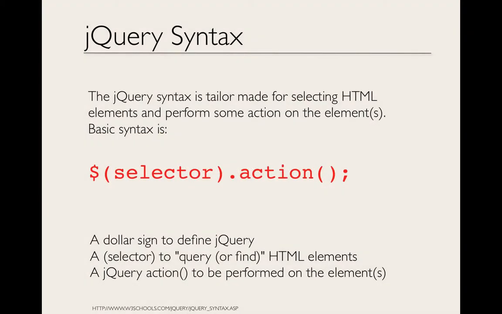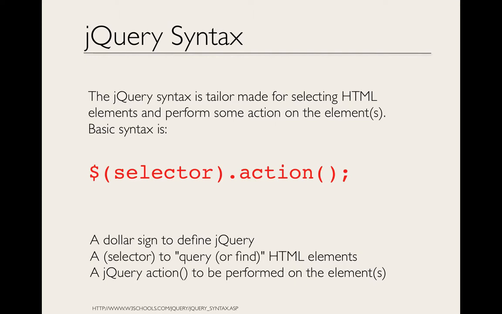Now remember, jQuery syntax is just tailor-made for selecting HTML elements and then performing some action. You select something, then you do something to it. In jQuery parlance, it's a selector of some type that is generally just like CSS. That's one of the wonderful things about jQuery.